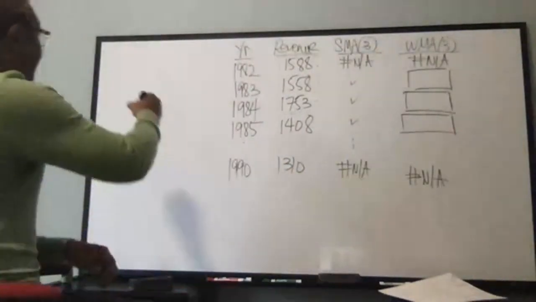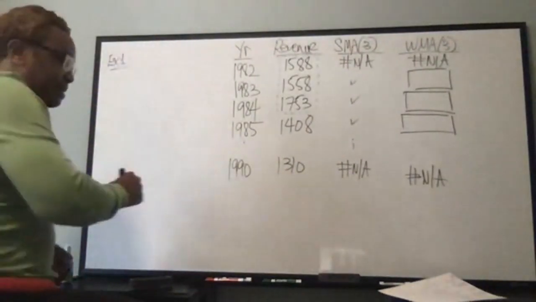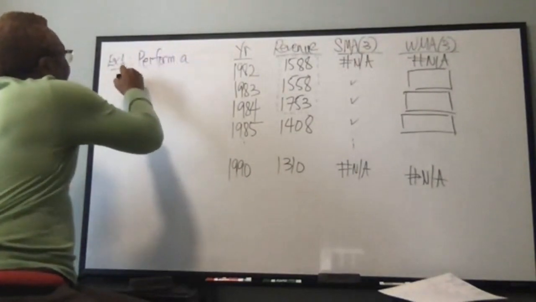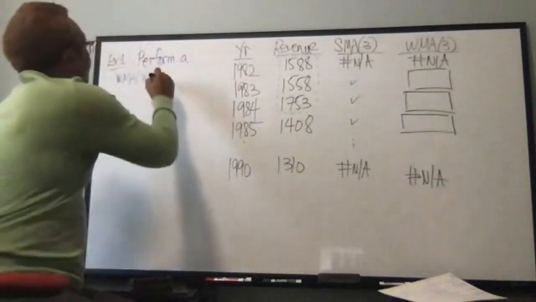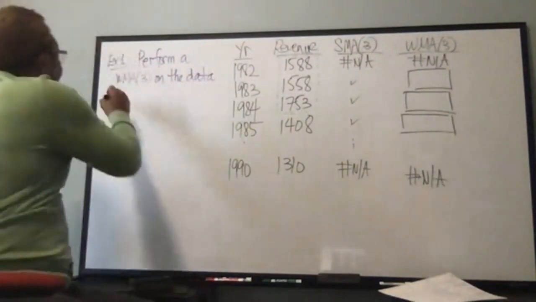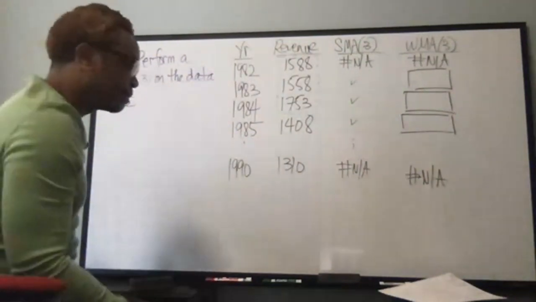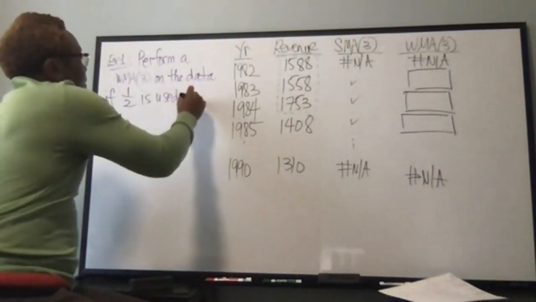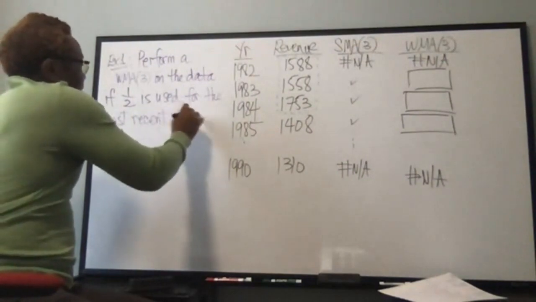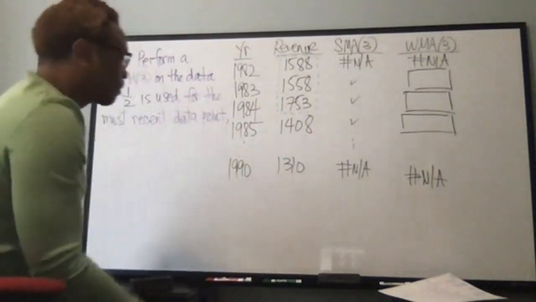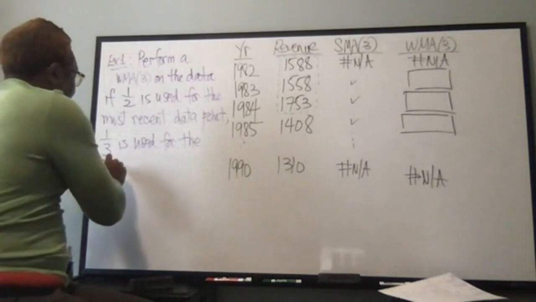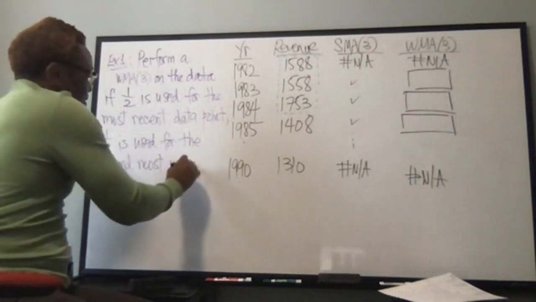Let's say example 1. Let's say I say perform a WMA3, a weighted moving average 3, on the data if 1/2 is used for the most recent data point, 1/3 is used for the second most recent, and 1/6 is used for the oldest.